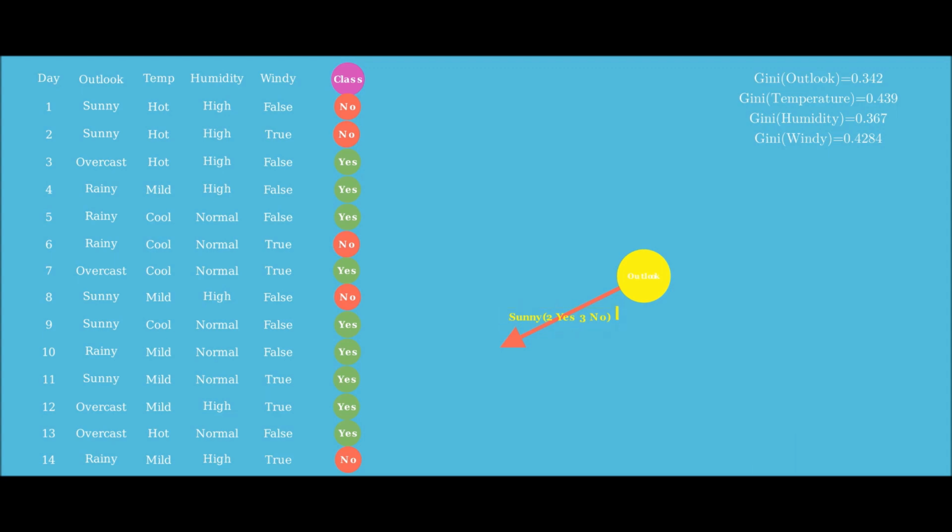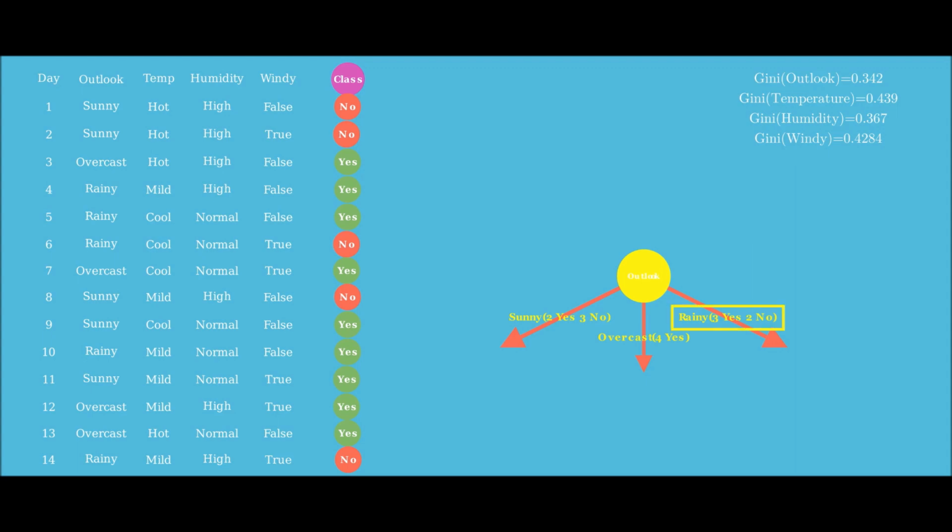For sunny there are 2 yes and 3 no, for overcast all 4 are yes, for rainy 3 yes and 2 no. Now see that the root node is selected.